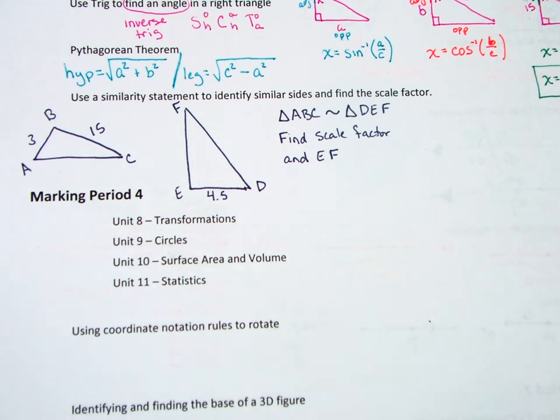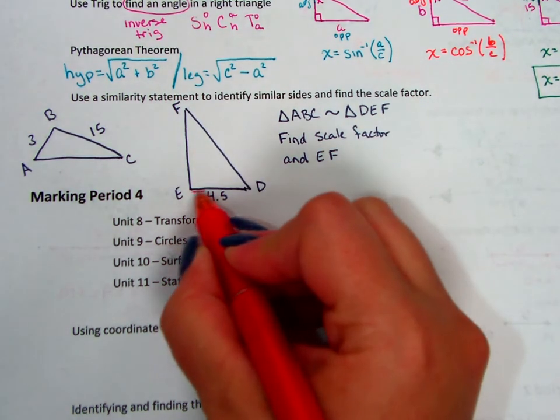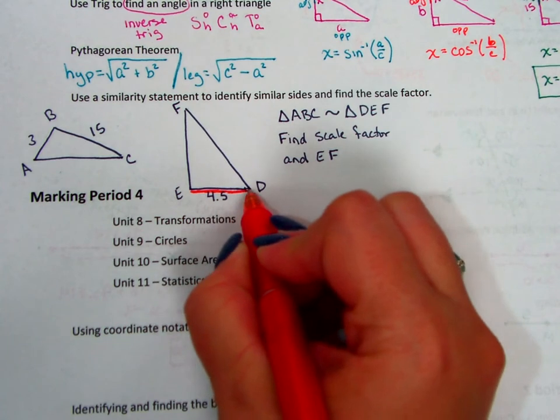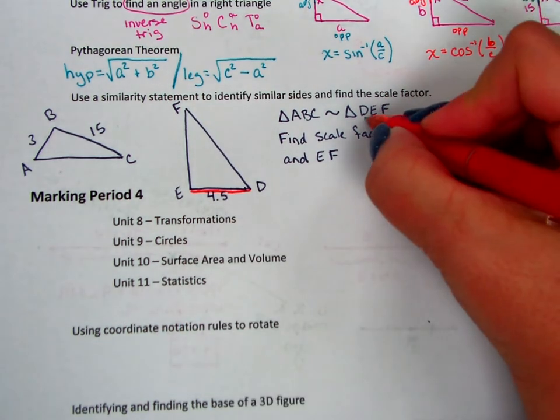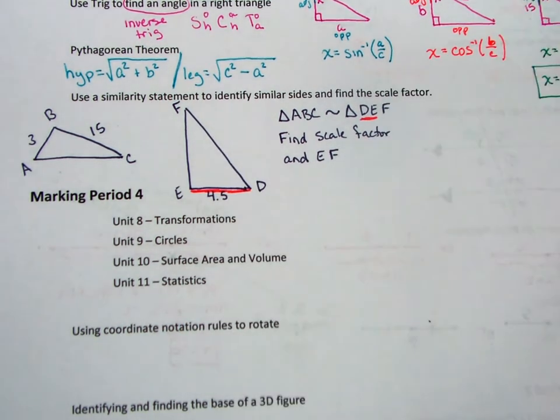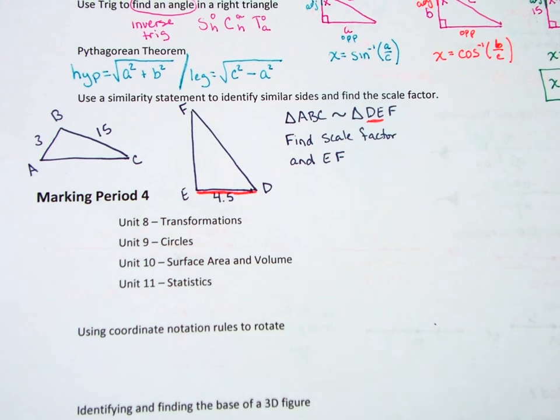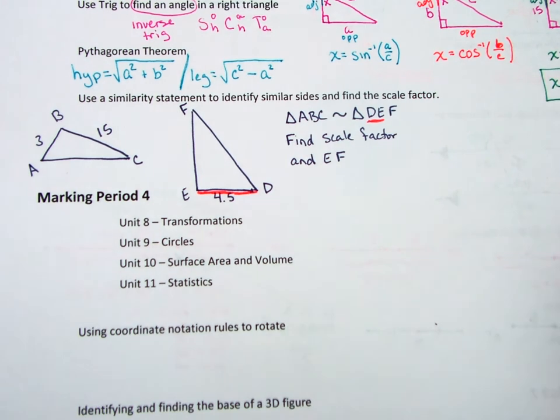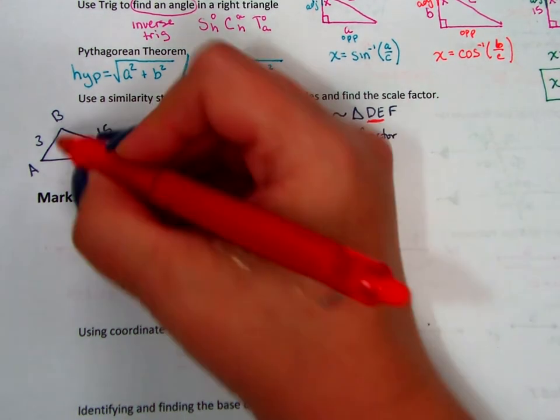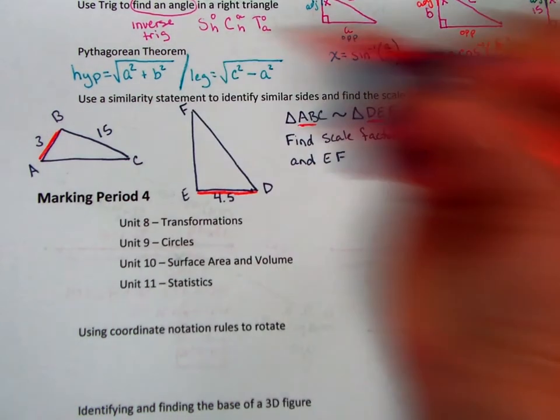Alright, so the first thing, to find the scale factor, I want to find two sides that are corresponding. And on the second triangle, I only have one side. I only have the distance from E to D is 4.5. So I'm going to have to work with E and D. That's going to match what side on the other triangle?